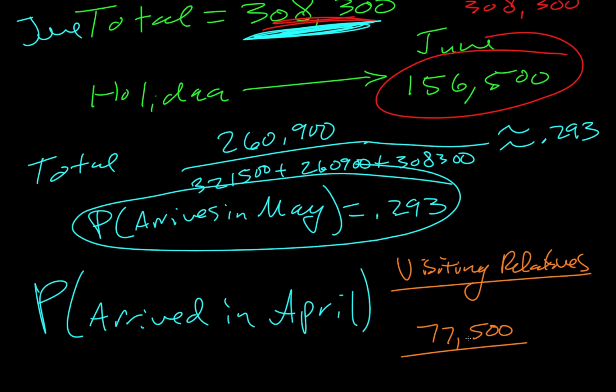And then we're going to put that over the total number of those visiting friends and relatives. So we're going to have the 77,500 plus 52,700 plus 59,900. Okay, go to our calculator.